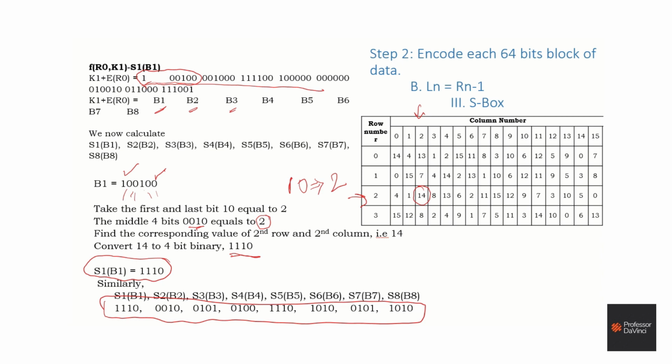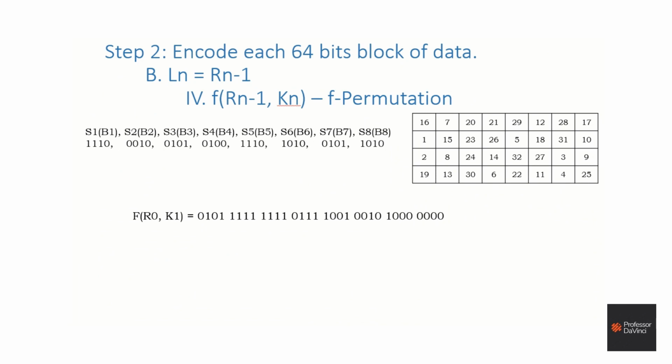Once we get the S-box output, now we need to perform the F permutation. From the result of the S-box, again we need to perform the permutation. Again these bits are shuffled and rearranged as said previously.